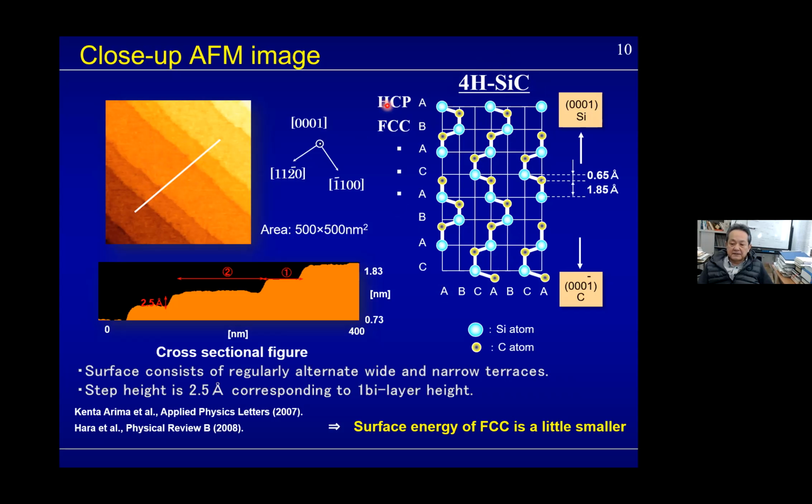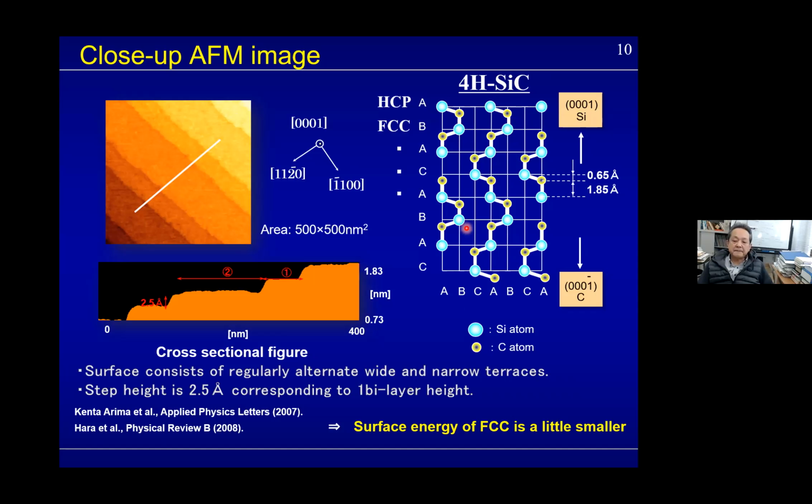There are two kinds of layers, an HCP layer and an FCC layer. In the HCP layer, carbon is just beneath the silicon, but in the FCC layer, there is no carbon just beneath the silicon. So 4H silicon carbide has these two layers, alternately stacked.